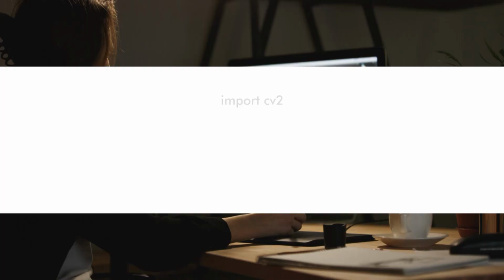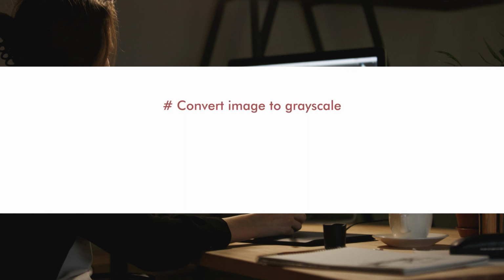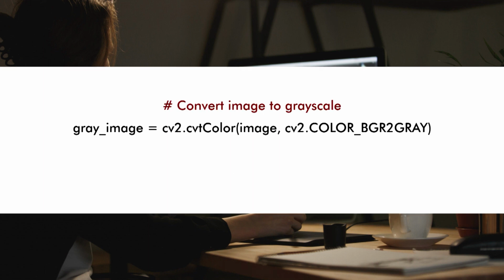So, we can learn it by this Python code. You can learn and apply this code by exploring the libraries. First of all you have to import the library, then load the image, then convert that image to grayscale. Here we are converting with the cvtColor function, which was already discussed in the previous lecture.